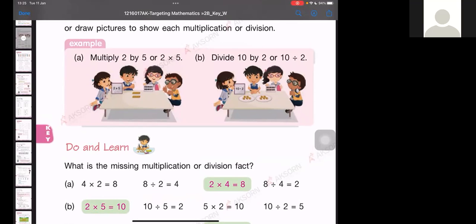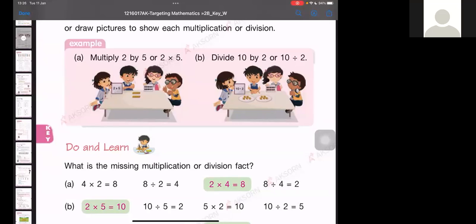Okay, so for group A, you look at here. So we're going to do the do and learn: what is the missing multiplication or division fact. For letter A, we have 4 times 2 equals 8.